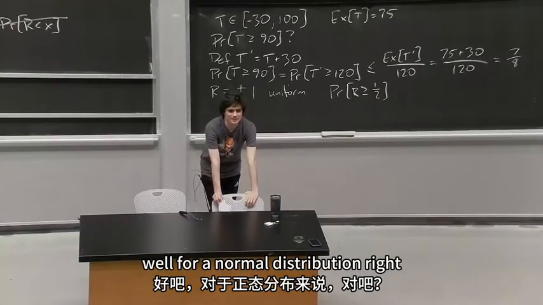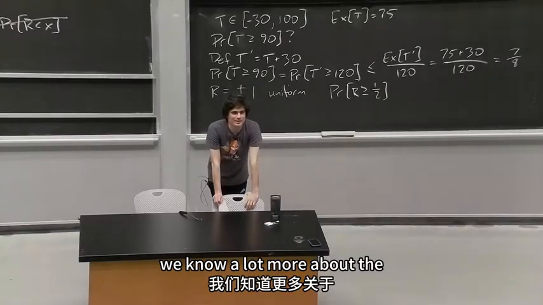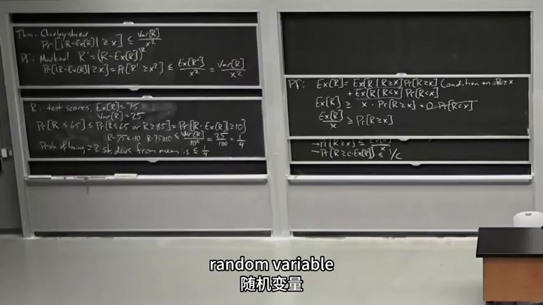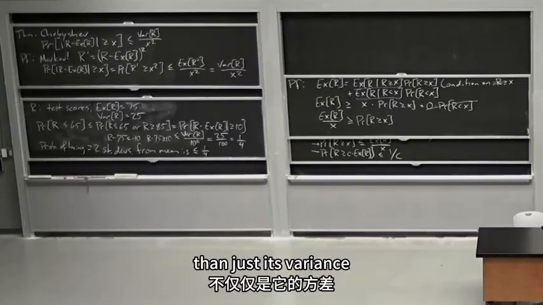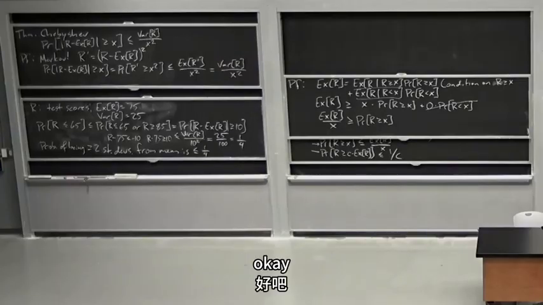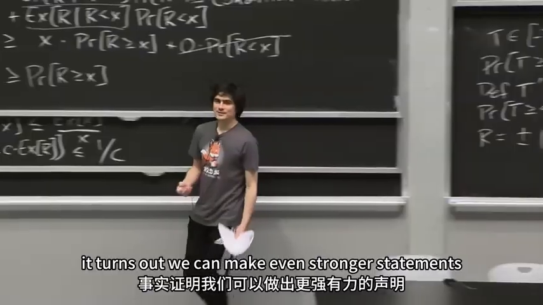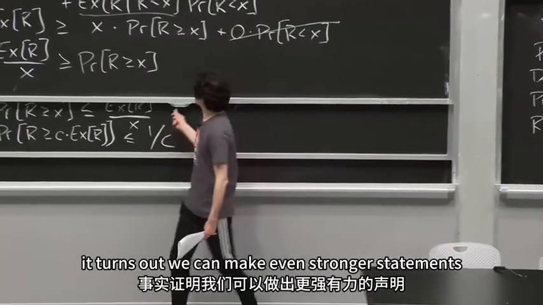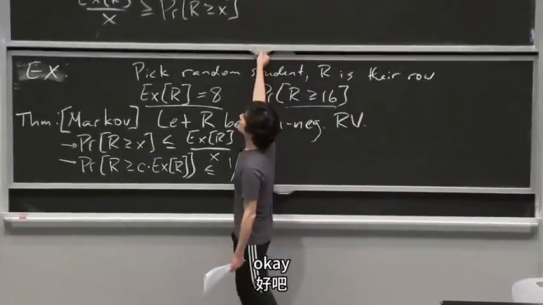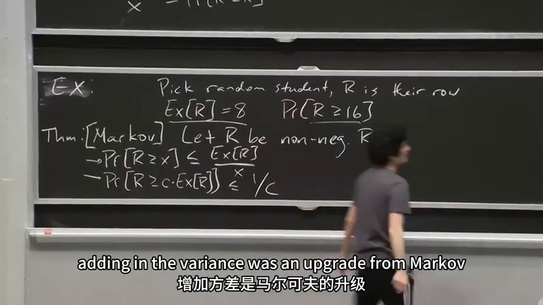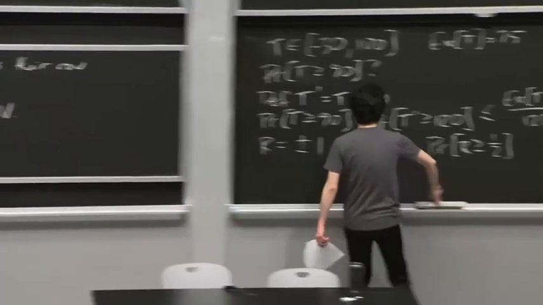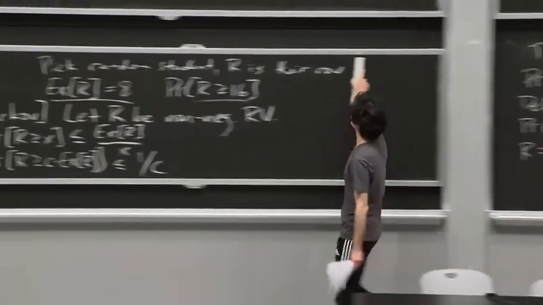Well, for a normal distribution, we know a lot more about the random variable than just its variance. So if we know even more about a random variable than its variance, it turns out we can make even stronger statements. Just like adding in the variance was an upgrade from Markov, let's see how we can upgrade this again.